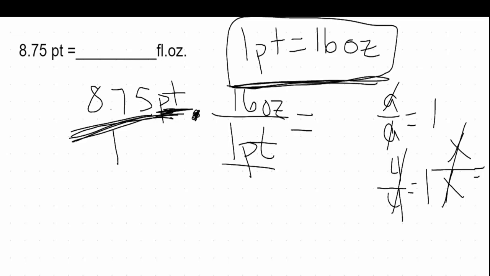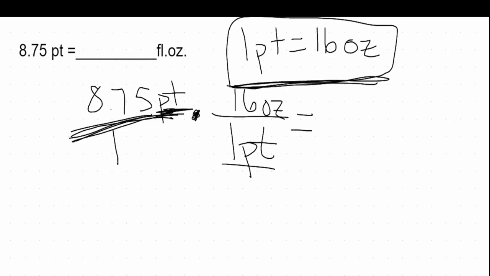And we're going to multiply these together. When we multiply fractions, remember that it's numerator times numerator, denominator times denominator. So we have 8.75 times 16. That's going to give us 140 in the numerator. And the denominator is just a 1 times a 1, so that is a 1.